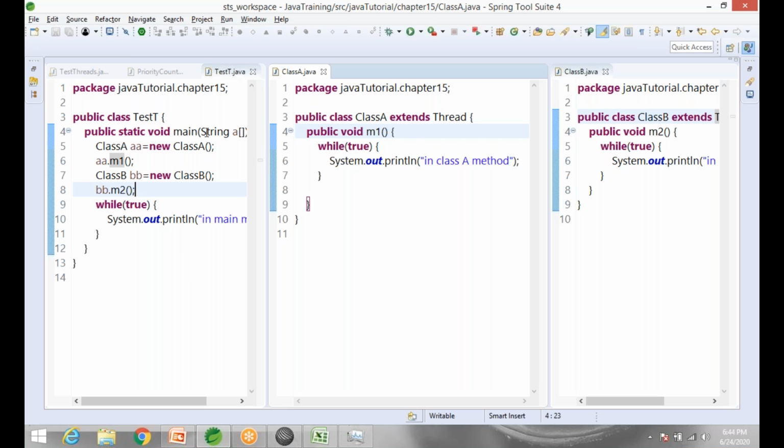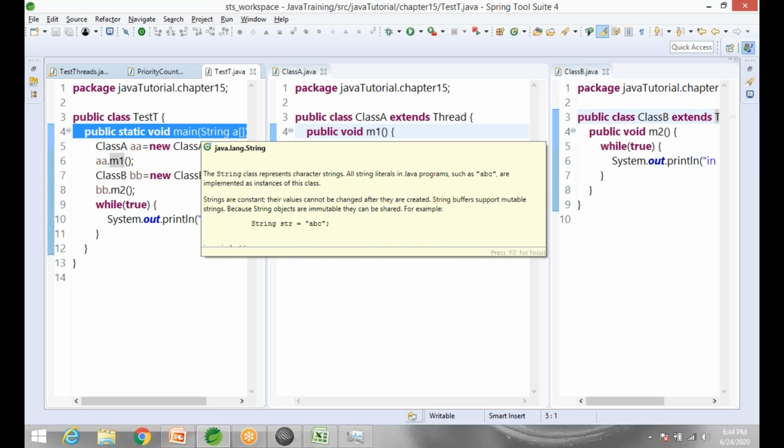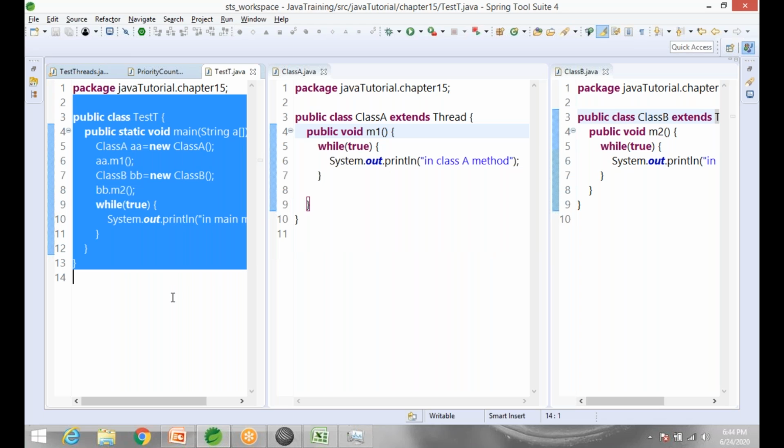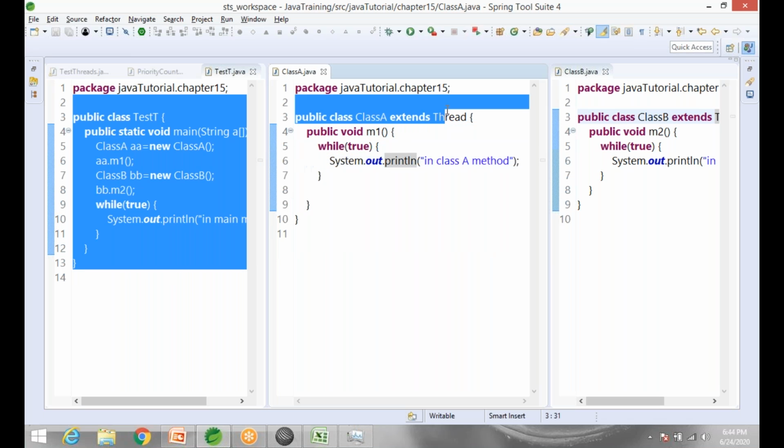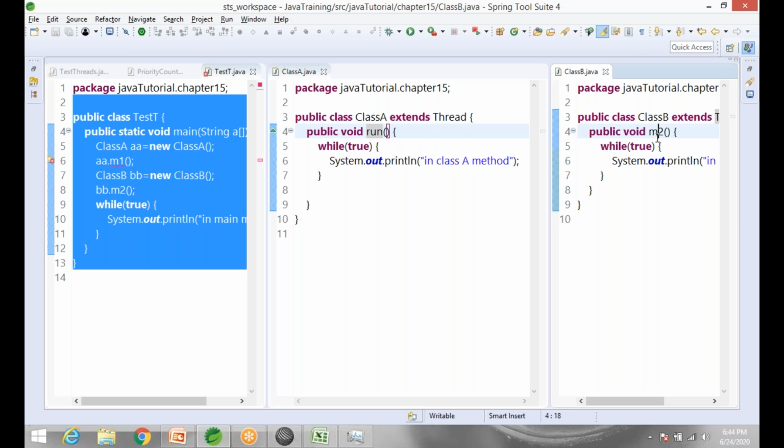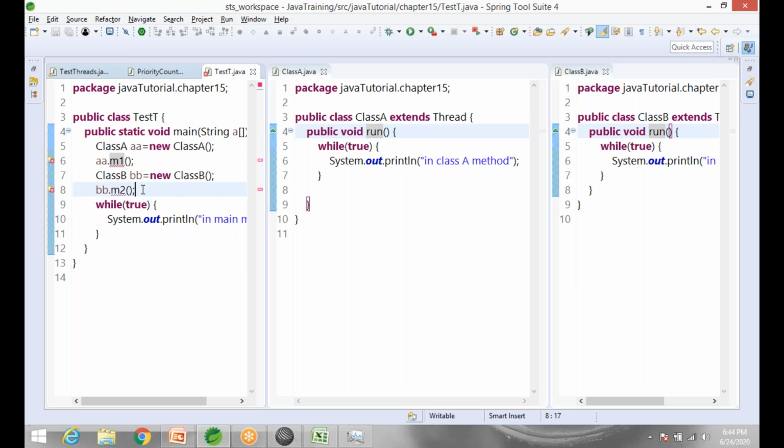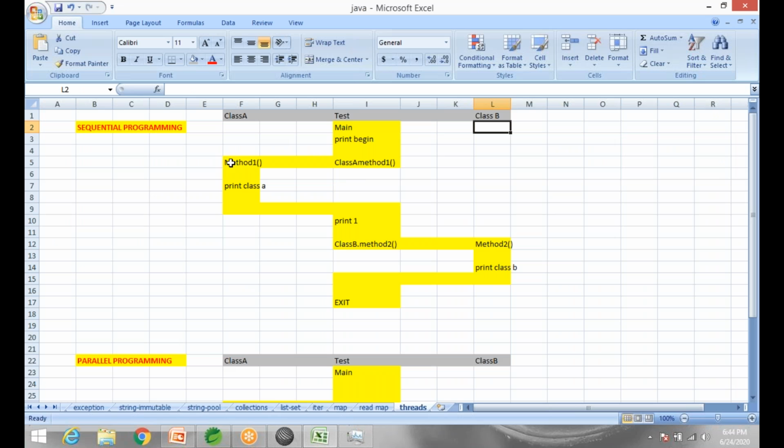Just like public static void main is the main entry point for this program, for a thread program, the entry point method signature is public void run. Similarly, public void run. Now, as you notice, in a sequential program, there is always one exit and one entry point. What are they?